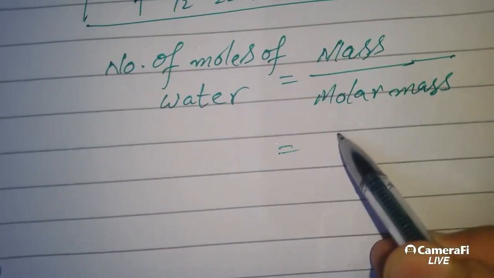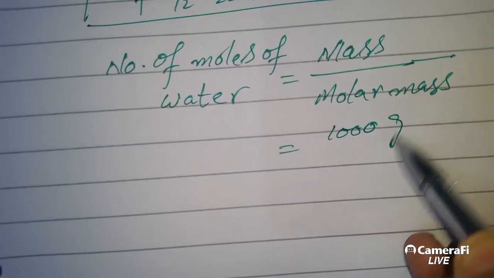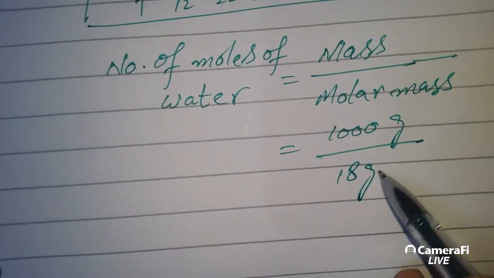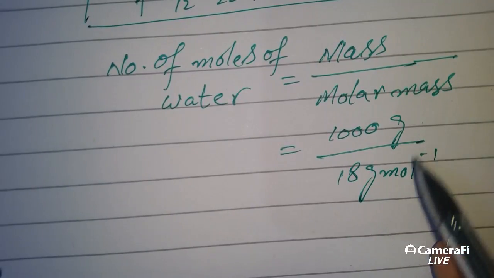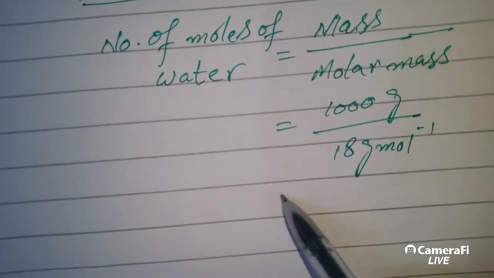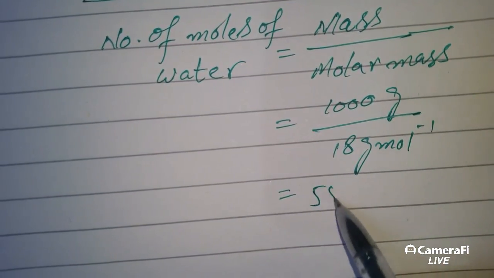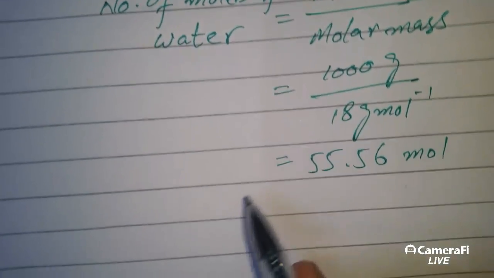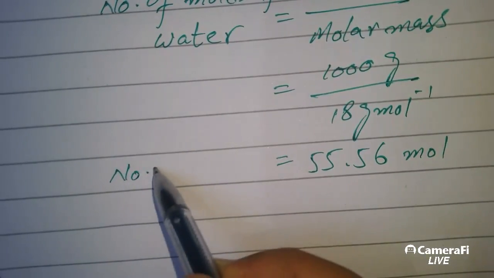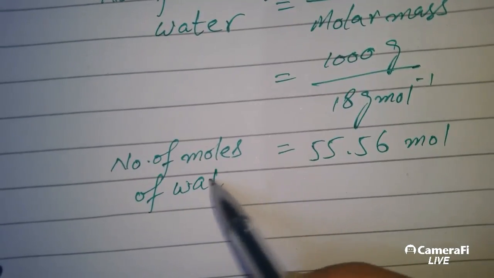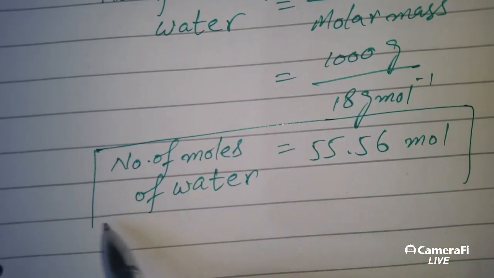So the mass of water is 1 kg, which is 1000 grams, and we know that the molar mass of water is 18 grams per mole. Oxygen is 16 and there are 2 hydrogen atoms, so 16 plus 2 is 18. So we get the answer of 55.56 moles. These are the number of moles of water, which is our solvent.